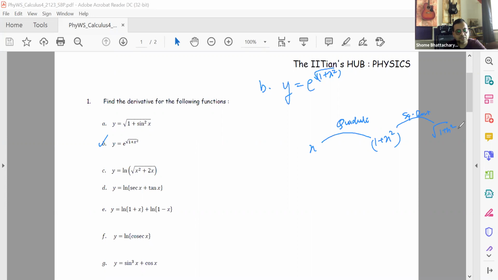And on that, we apply the exponential function to get e raised to the power square root of 1 plus x square.